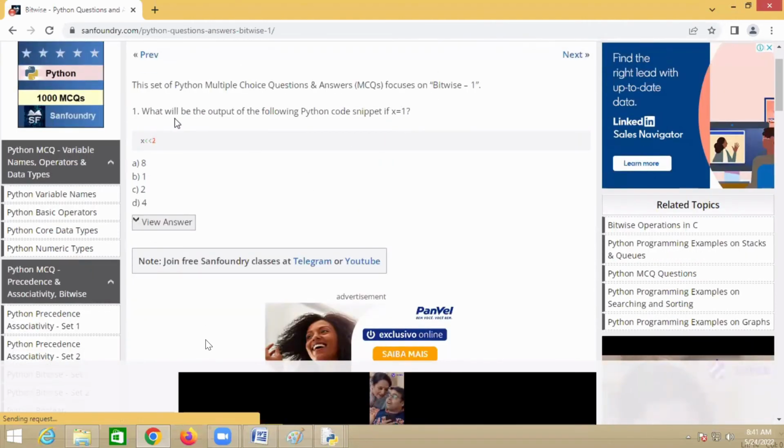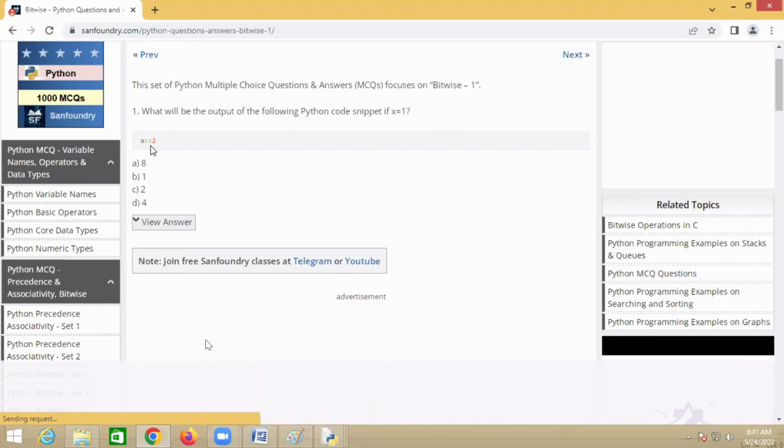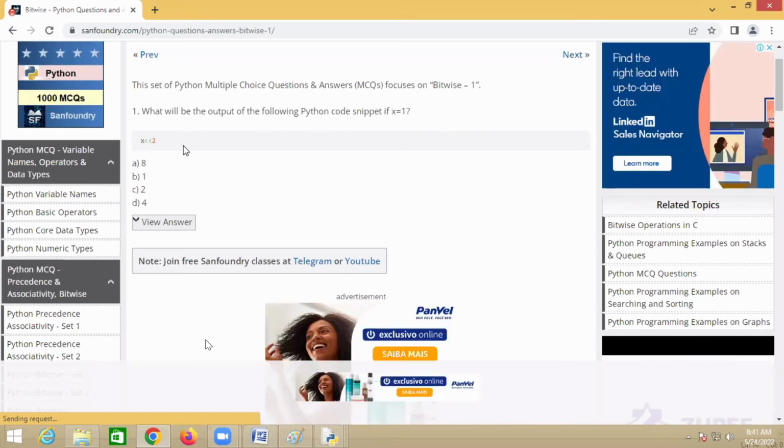What will be the output of the following Python code snippet? The x value is 1. x left shift 2. Is the value incremented or decremented? Incremented. What is the binary equivalent of 1? 1. After shifting 2 bits, it becomes 100.